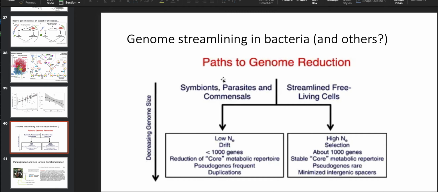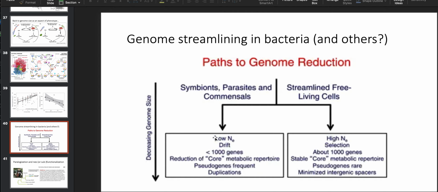And essentially what happens is there are deleterious mutations that cause the gene not to function anymore. And in many cases, you'll see stop codons pop up within the gene. You can also potentially see duplications in genes.